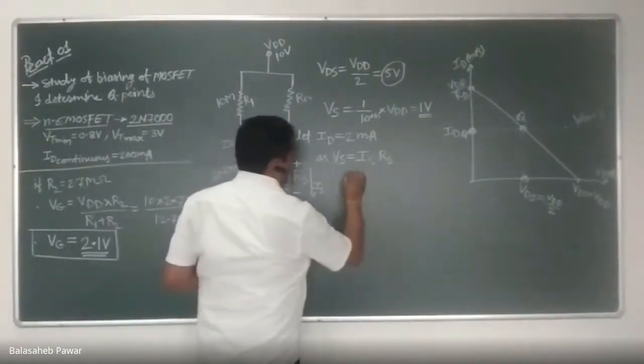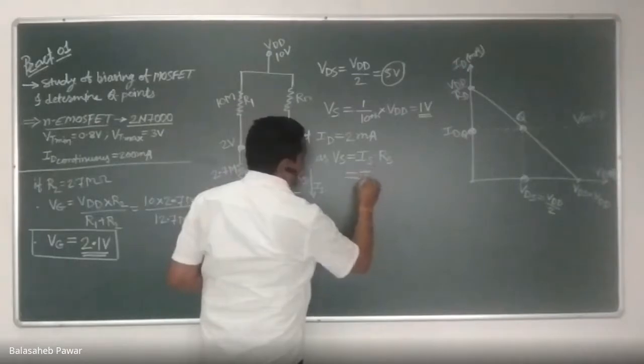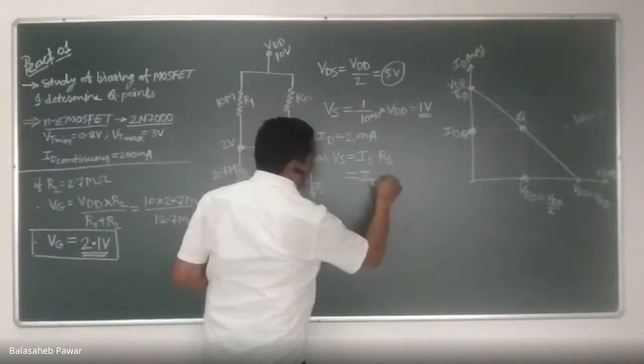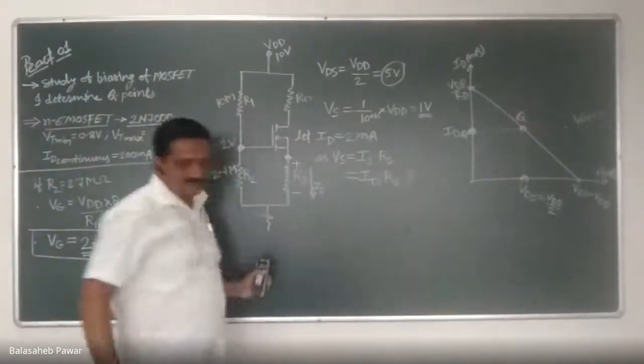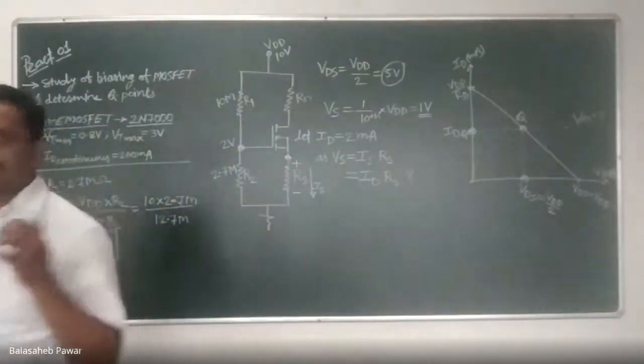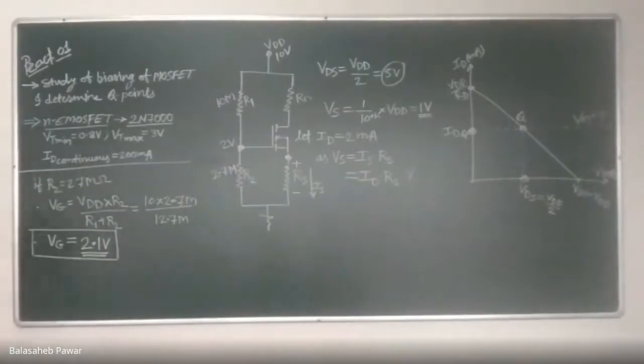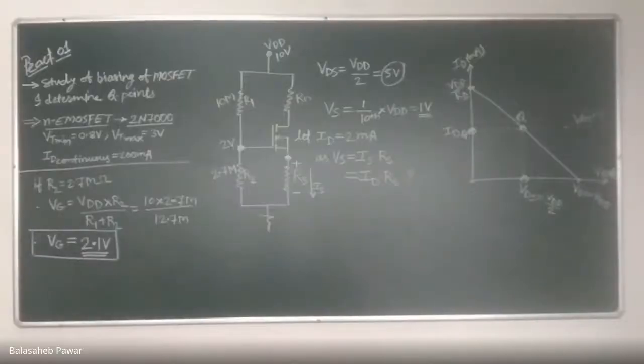The same we can write as ID into Rs. Are you agree with this? So that Vs, which equals Is into Rs, we can write as ID into Rs.